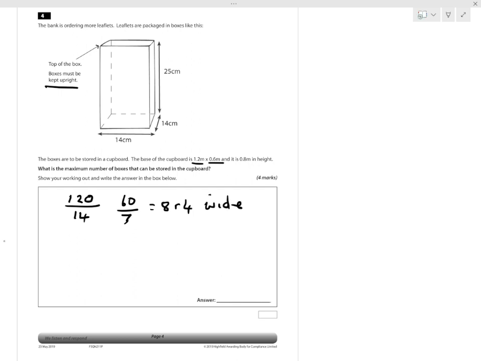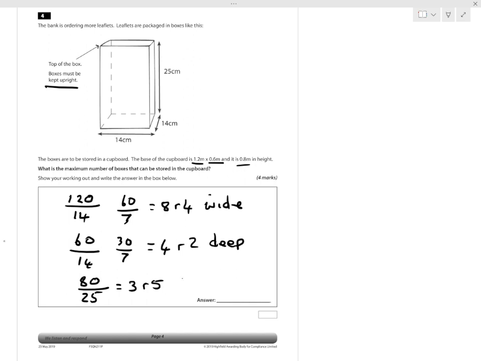And do the same for this. 60 centimeters divided by 14 again, so let's do 30 divided by 7. 4 sevens are 28, remainder 2. Deep, we'll call that. And the height is 80 divided by 25, which is 3, remainder 5.